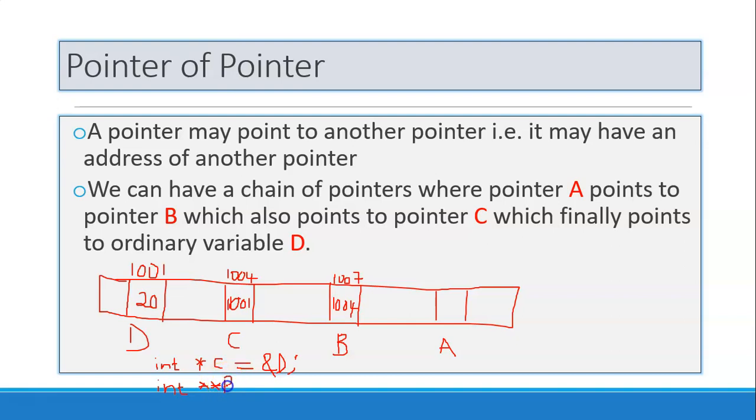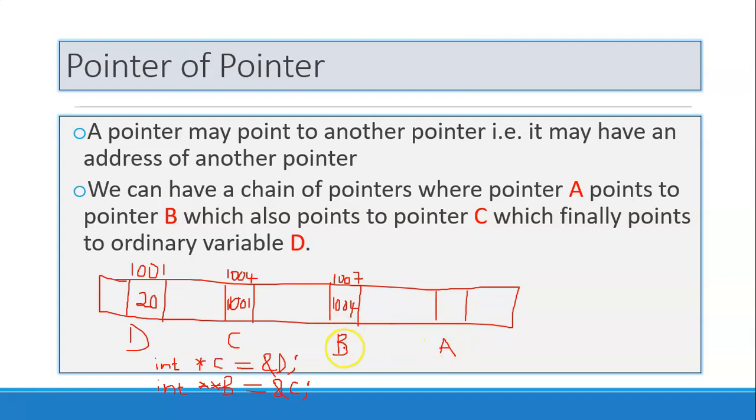So we have pointer b, which is pointing to the address of c. We should take note of the two asterisks here: they indicate that this one is not pointing to a normal variable, but to another pointer.